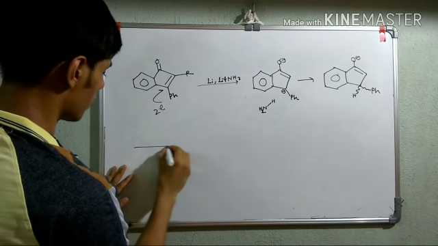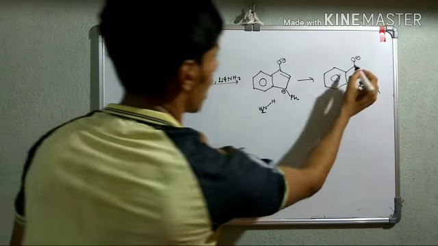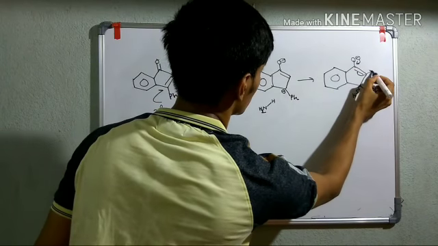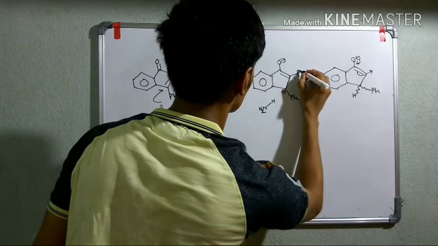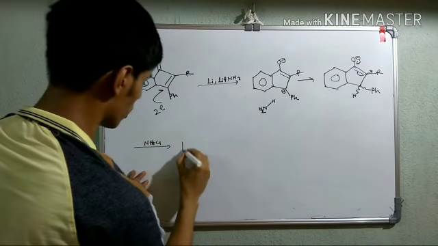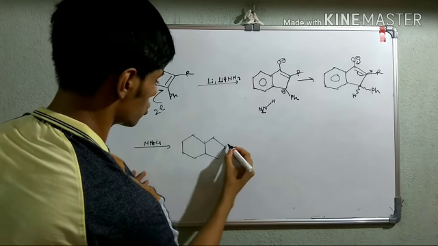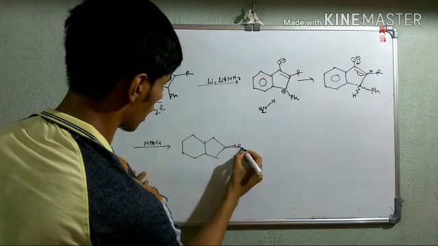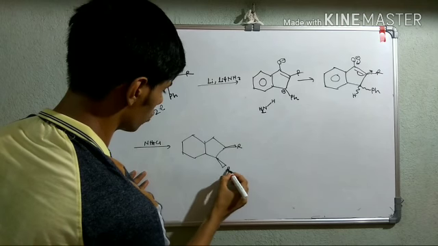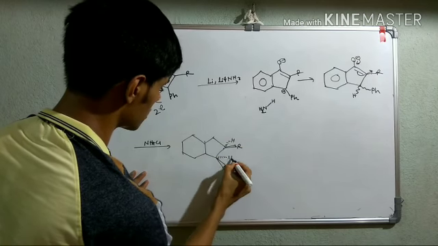Now in the final step, when you are giving ammonium chloride, this center will undergo protonation, and here you have one R group also. So now it will undergo protonation, and the product which is obtained in this case is this one. So you will have both the R group and the phenyl group there on the same side.